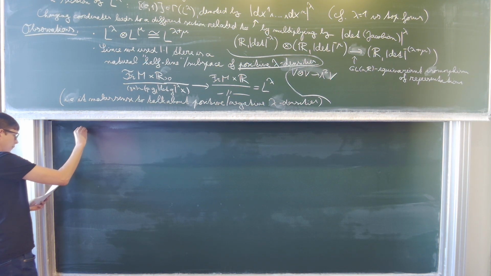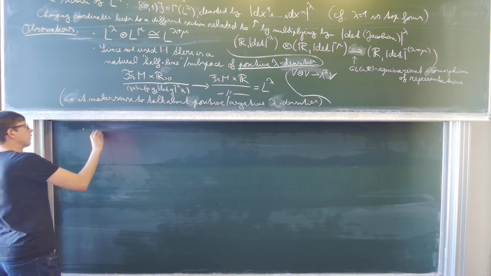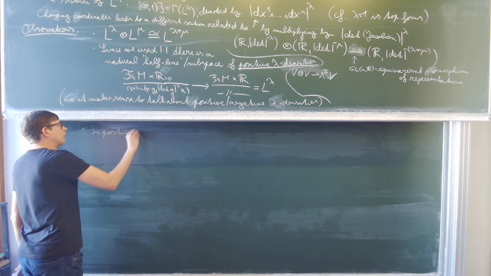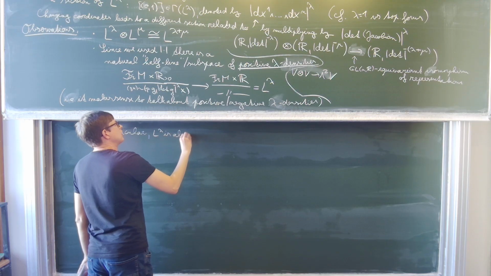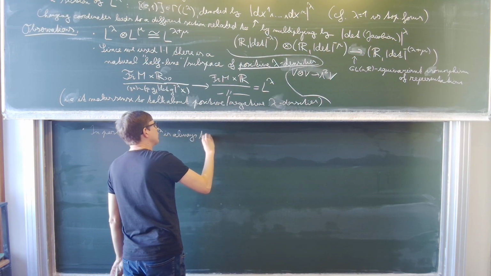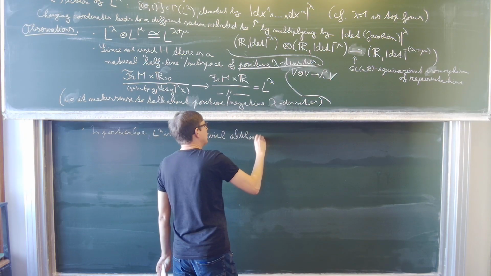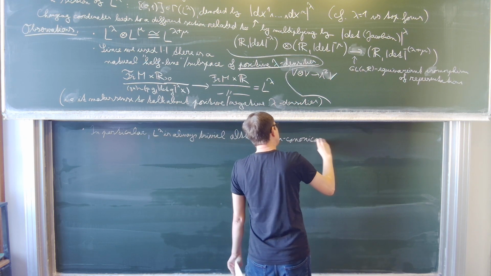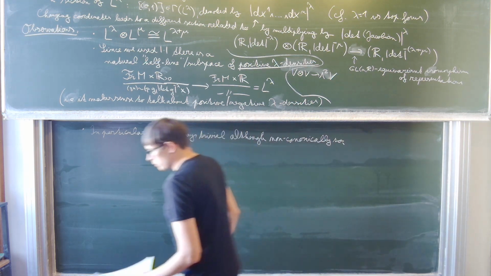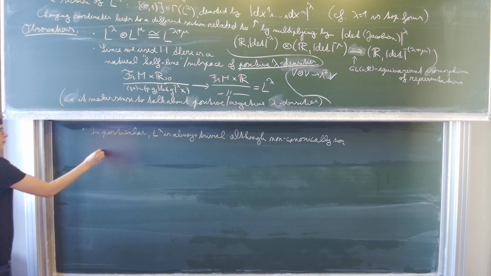So the implication, in particular, is that L lambda is always trivial, although non-canonically. Exactly, that's what I was saying. Because it makes sense to talk about what it means to be positive for half densities, you can just take your manifold.